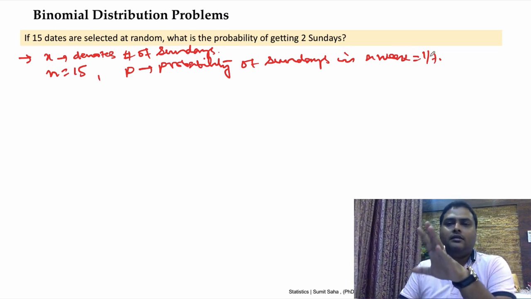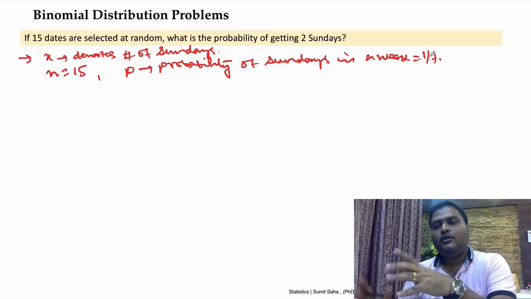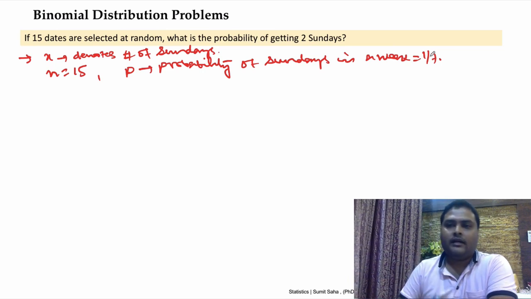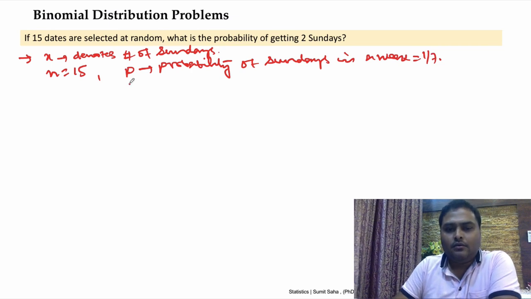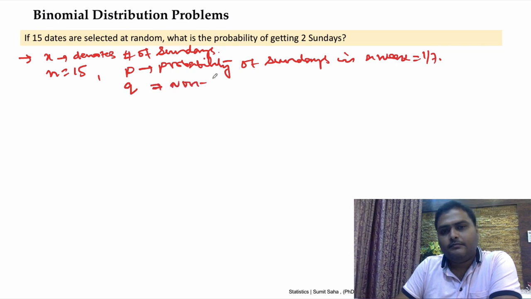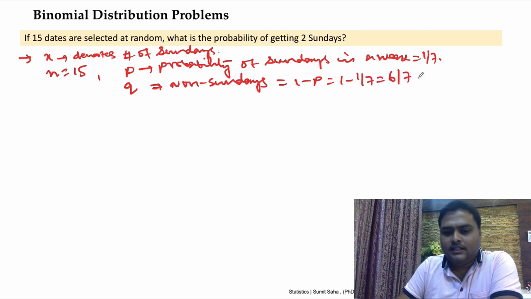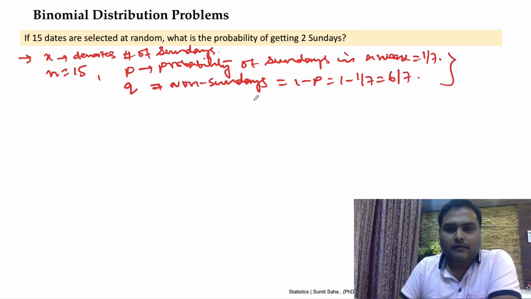So the favorable number of occurrences of being a Sunday is 1, and the total days in a week are 7. Then q, which is the non-Sundays, is nothing but 1 minus p, which is 1 minus 1 by 7, equal to 6 by 7. So this data we are having.